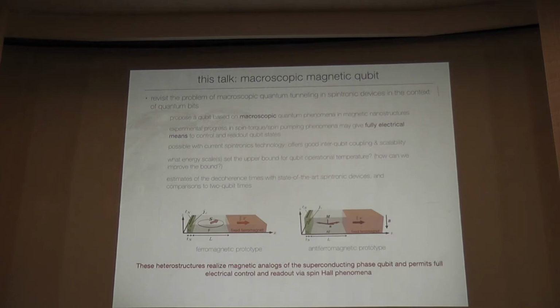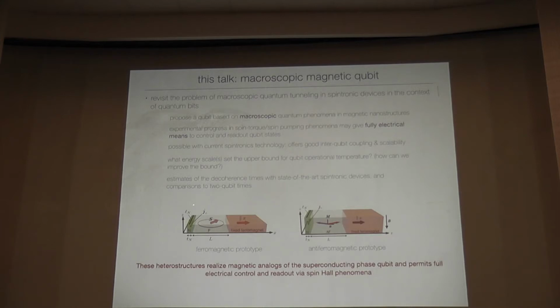So I want to propose a couple of concrete examples of how this phenomenon may be detected. I'm going to propose a couple of macroscopic magnetic qubits. And this qubit can be controlled, manipulated, and read out using spin Hall phenomena, exactly the type of setup that has been studied a lot in spintronics over the last decade or so.